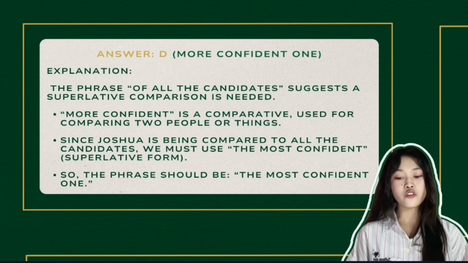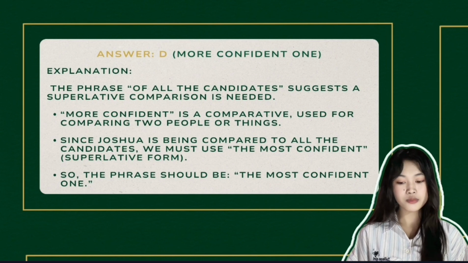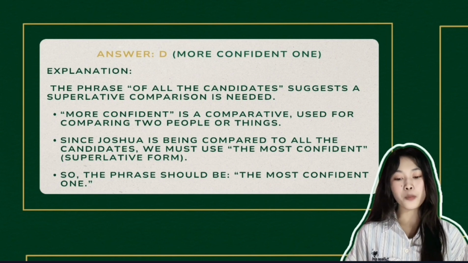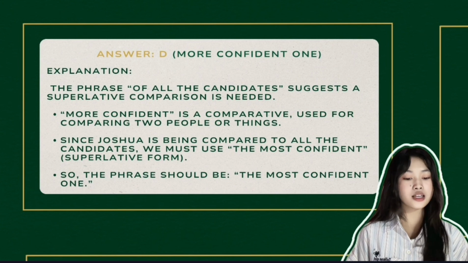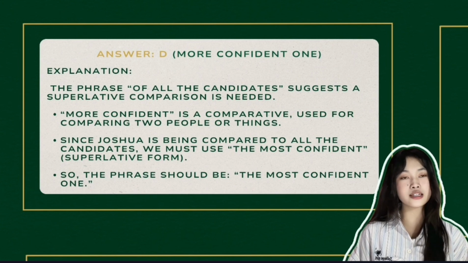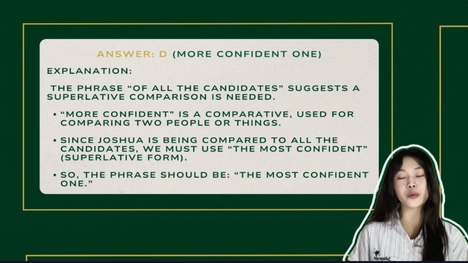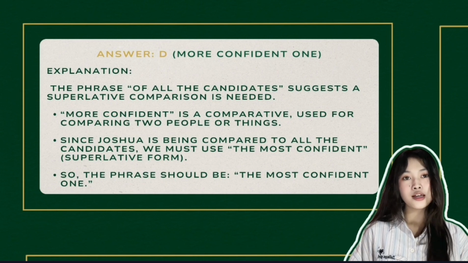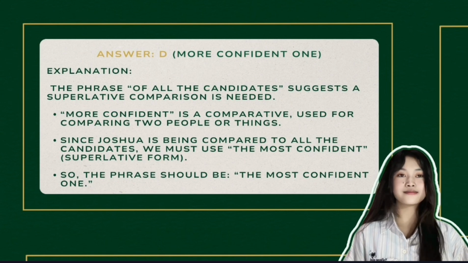The phrase of all the candidates suggests a superlative comparison is needed. More confident is a comparative used for comparing two people or things. Since Joshua is being compared to all the candidates, we must use the most confident, which is the superlative form. So, the phrase should be the most confident one.